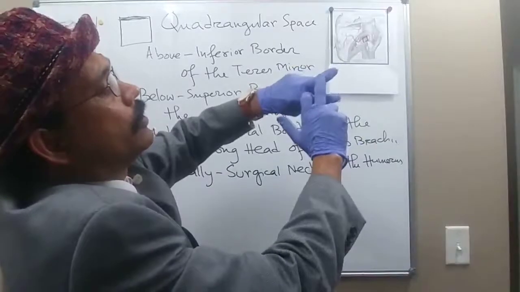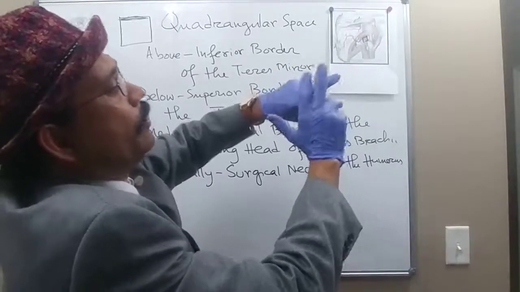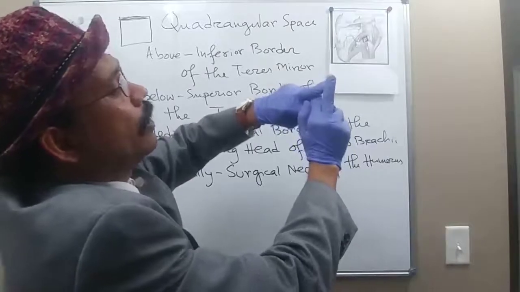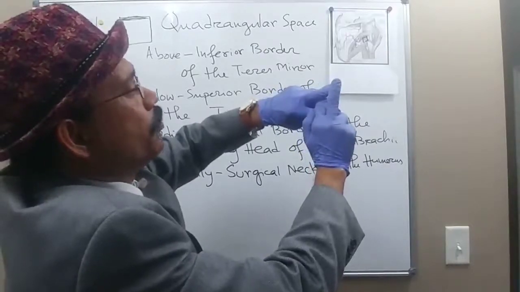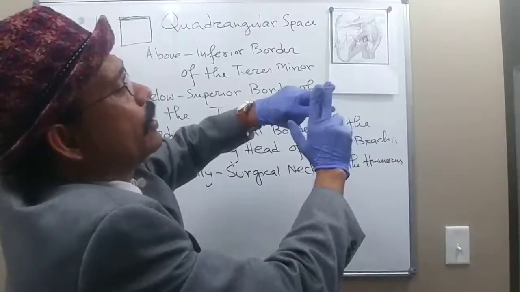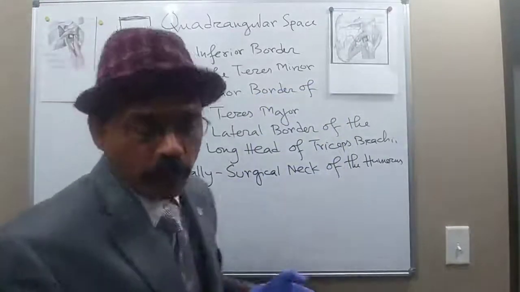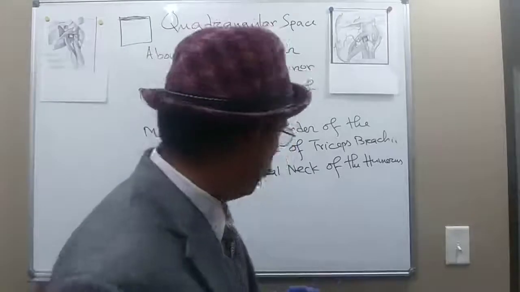So teres minor, teres major, then the long head of Triceps Brachii, and this is the humerus. This part is the surgical neck of the humerus. We got the quadrangular space.